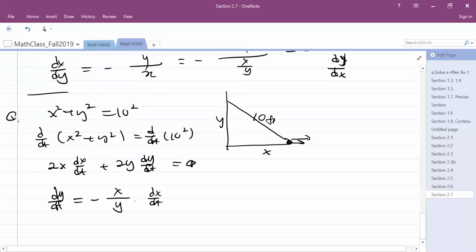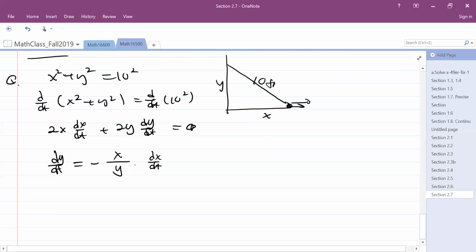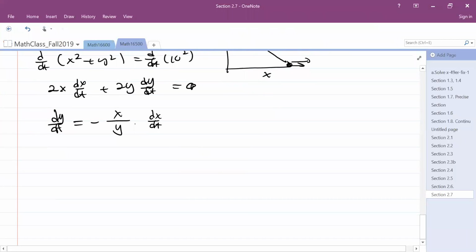All right, so now, why do we want to study that? Sometimes we study rates of change. Think about the Earth, right?